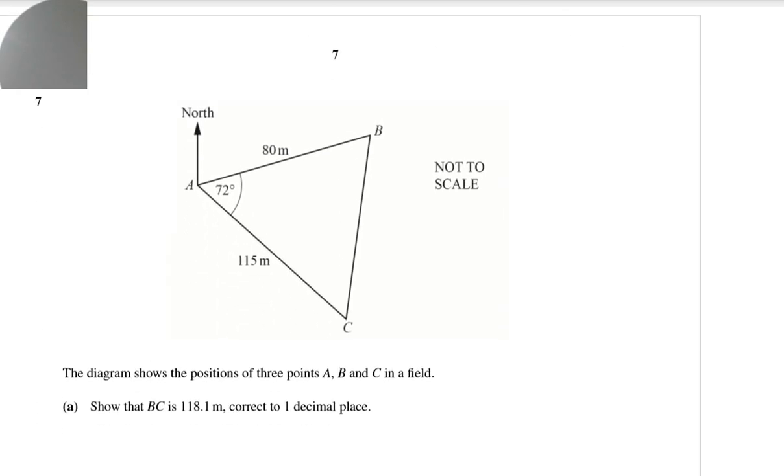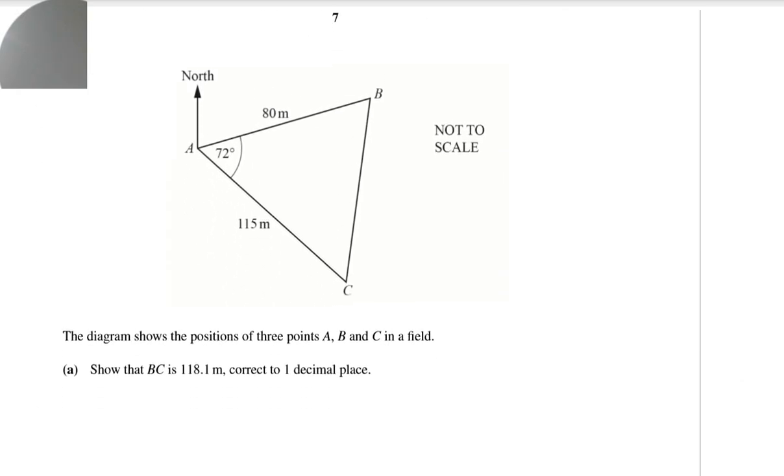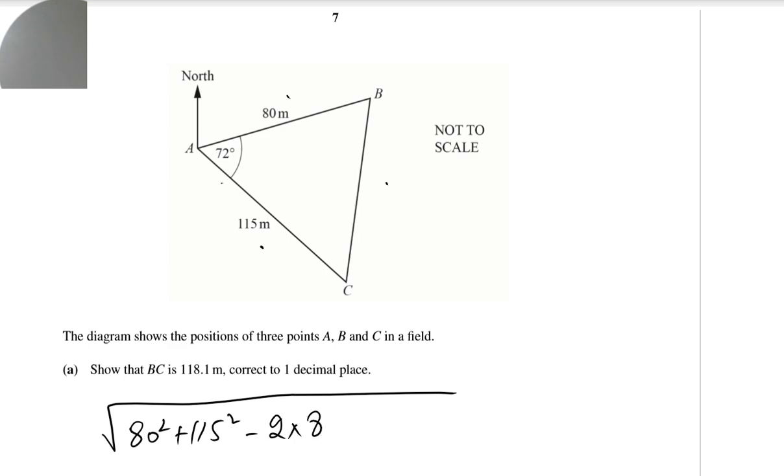Okay, bearing. Show that BC is 118.1. So one side, two side, third side and angle: cosine law. 80 square plus 115 square minus 2 into 80 into 115 into cos of 72.